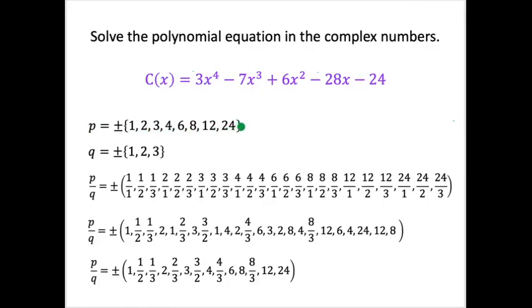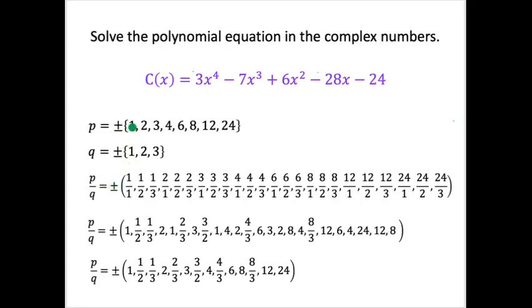And this is what you don't want to see. You don't want to see multiple factors because that makes this problem a lot longer than it could be if you had less factors. But these are all of our possible p's. These are all of our possible q's. And then we want to divide them. We want to see all the possible rational zeros, so p over q. And so that's what I'm going to do here. I divide p by q.